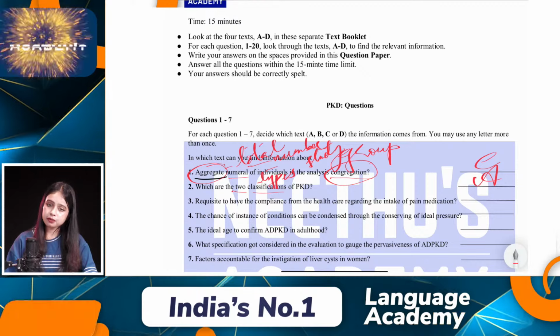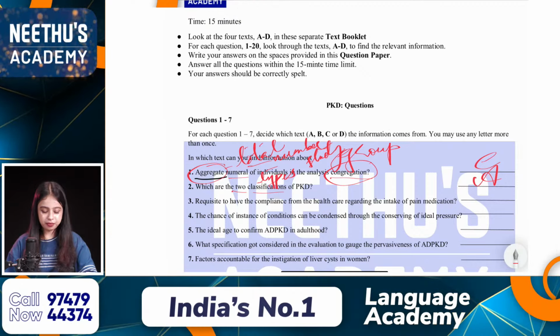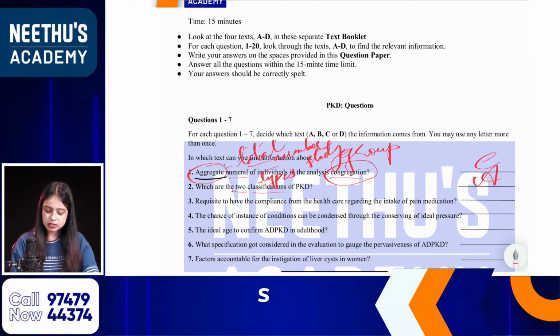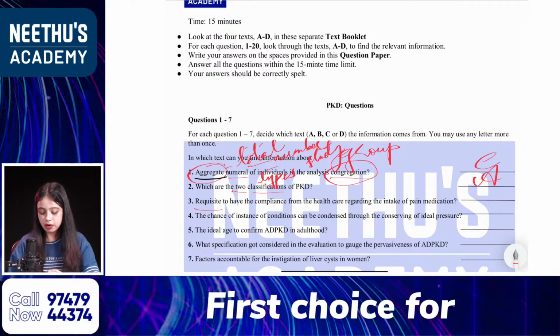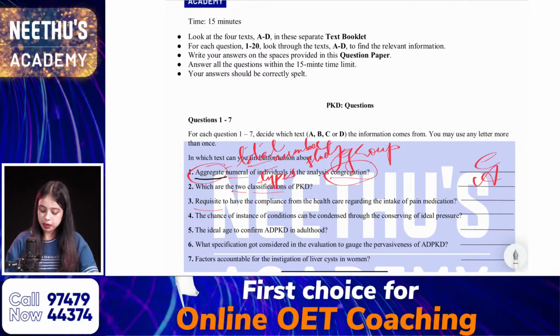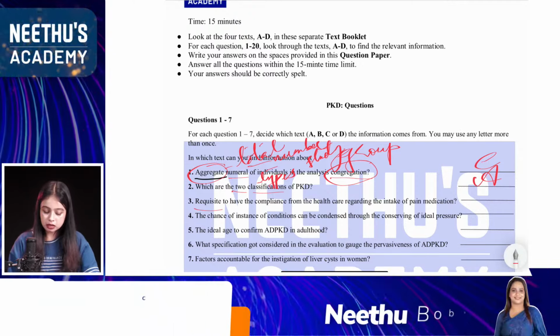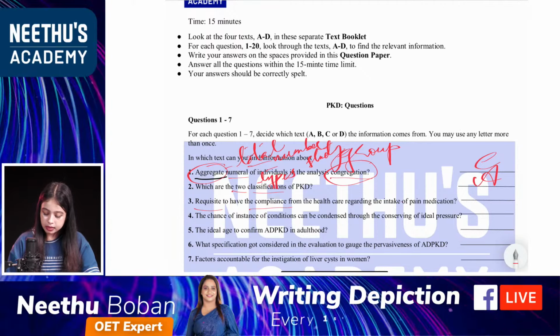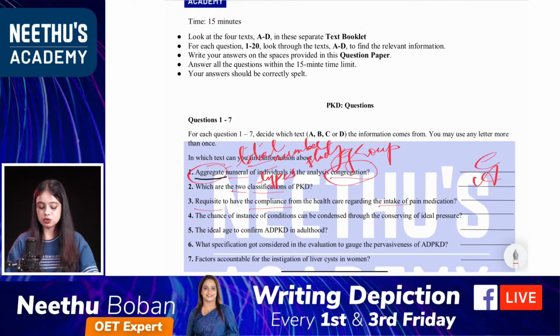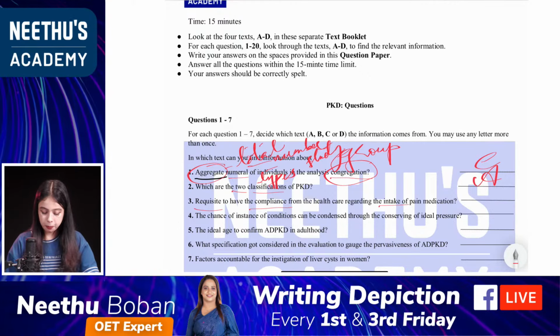And what about the third one? Third question. Here, some unfamiliar words are there: requisite to have the compliance from the healthcare regarding the intake of pain medication. So my keywords: requisite, compliance, and intake. These are my keywords from the question.